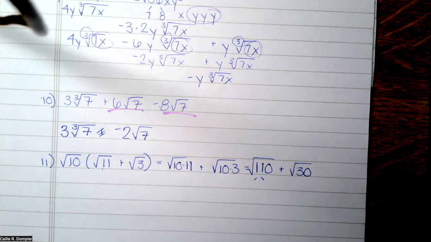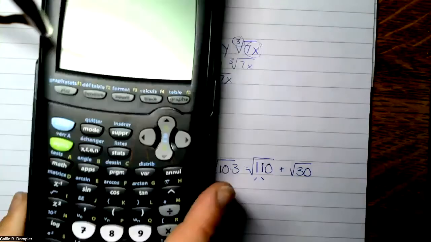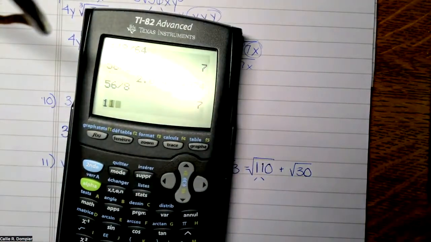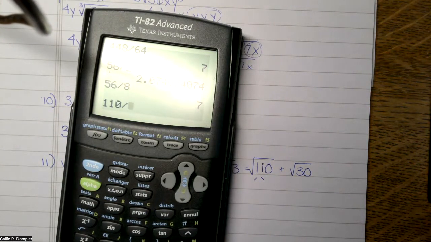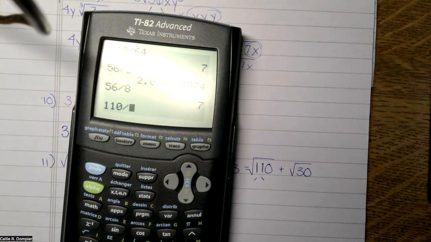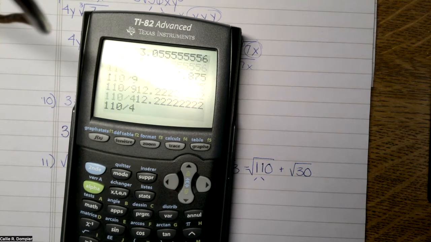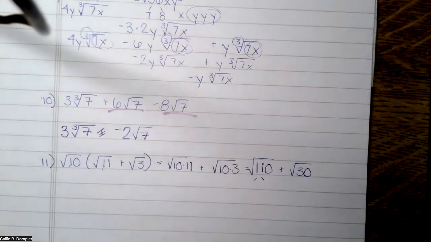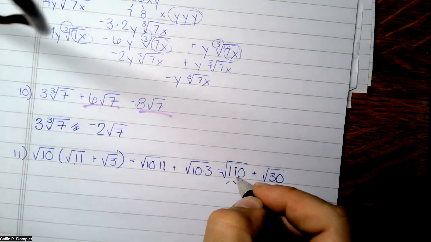So 110, can we divide it by anything? We can divide it by 110 divided by 64, no. 49, no. 36. 25, no. 16, no. 110 divided by 9. 110 divided by 4, no. So that's prime.